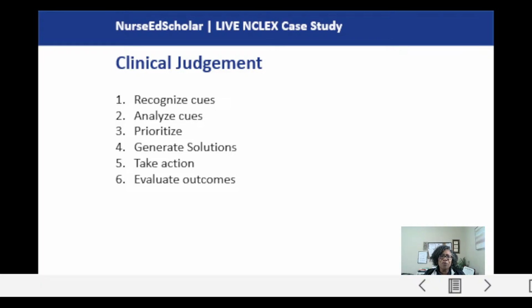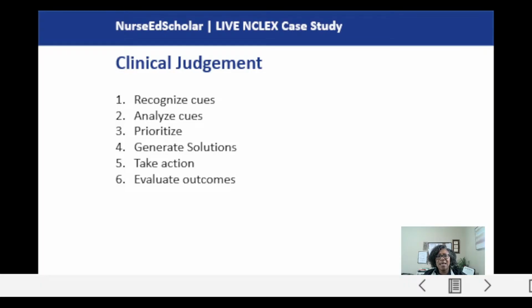We're going to move through these steps together with this case study. Number one is recognizing cues, two is analyzing cues, then prioritizing, generating solutions, taking action on those solutions, and then evaluating outcomes.